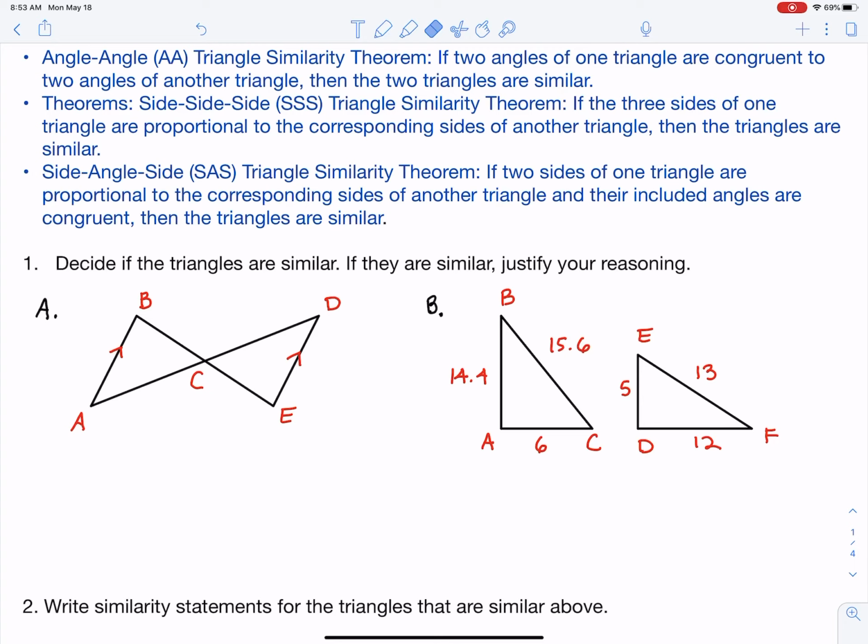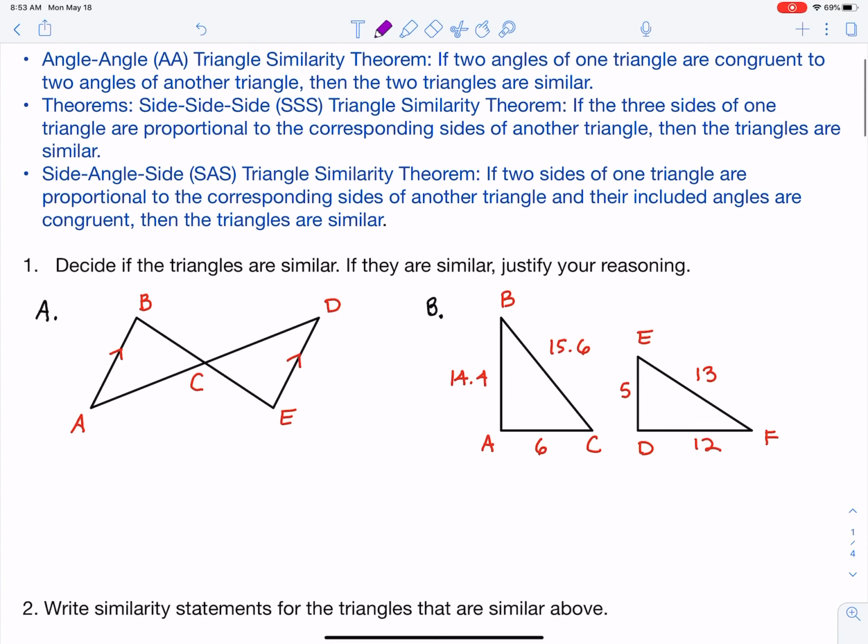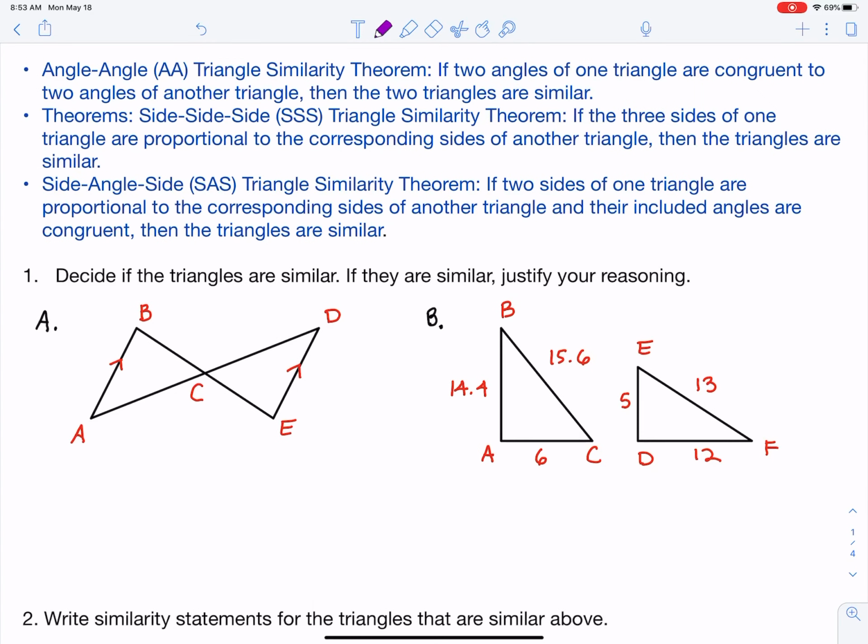Let's go through and see if we can determine if these triangles are similar. So let's look at the first one. We want to determine if these 2 triangles are similar. So let's see what things we know. Again, we're trying to fit into one of our theorems. Notice we have triangle ACB and triangle ECD.